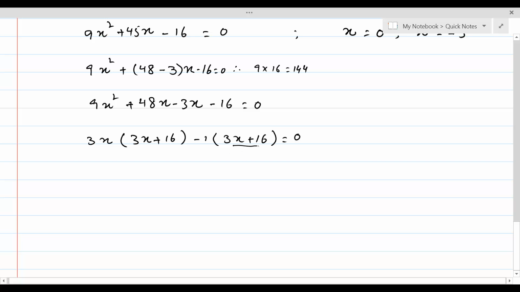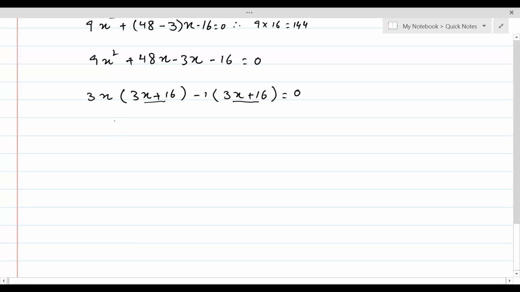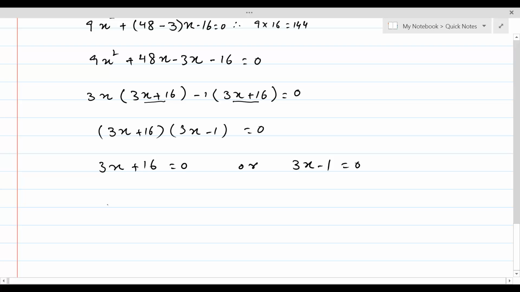This is a checkpoint. This must be same on both sides. So now let's take common 3x plus 16. That will leave inside 3x minus 1 equal to 0. This means 3x plus 16 is equal to 0, or 3x minus 1 is equal to 0. If this was equal to 0, then x is equal to minus 16 over 3.